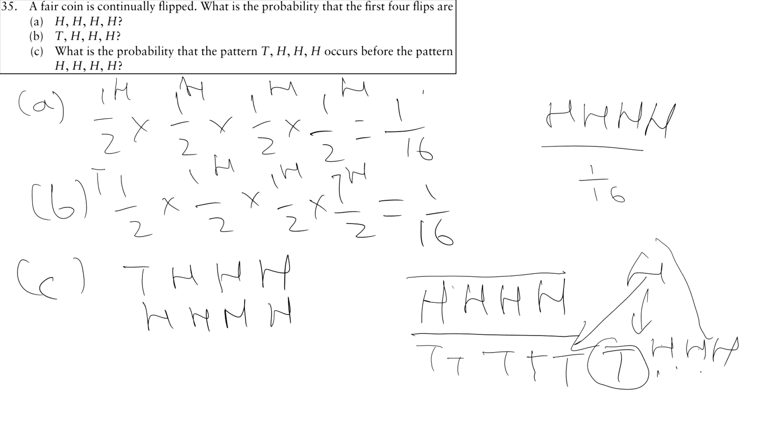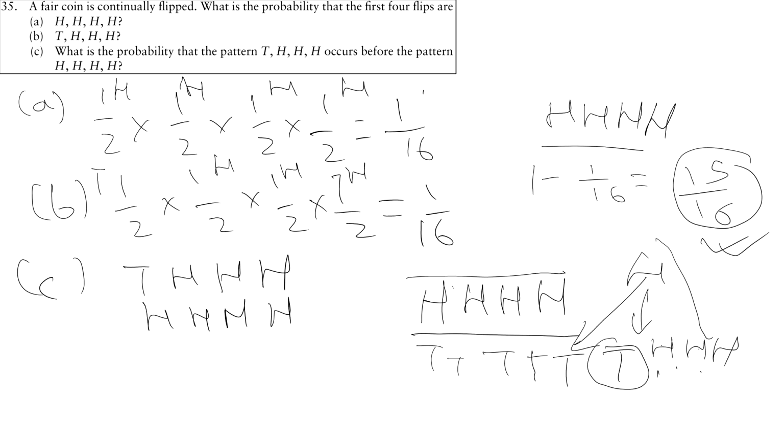So the probability of getting the T triple H pattern before 4H is 15 by 16. Alright, this is the only place where you can get it.